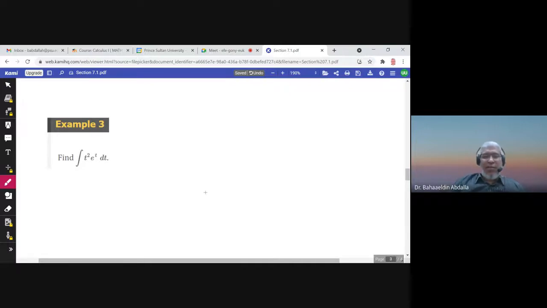Another example, and here I will teach you a method to find this integral quickly. If you use the usual setup, this is algebraic and this is exponential, and we know the word LIATE, so A before E, so u should be t square, and dv should be e^t dt.